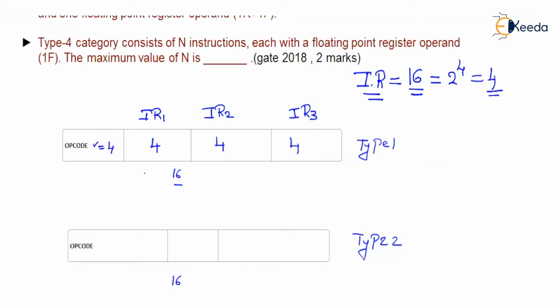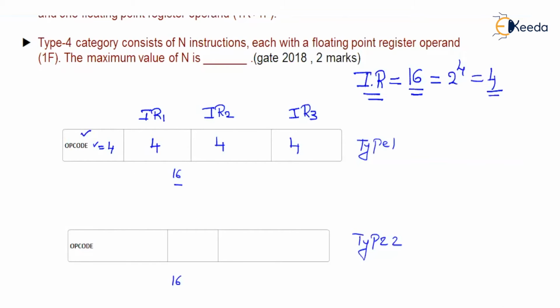Together they consume 12 bits, so 16 minus 12 is equal to 4 bits, which are used in the opcode field.